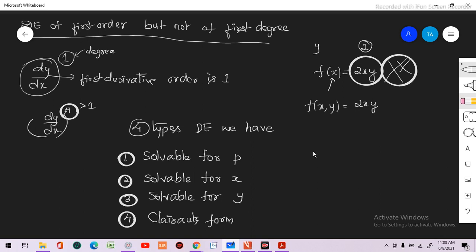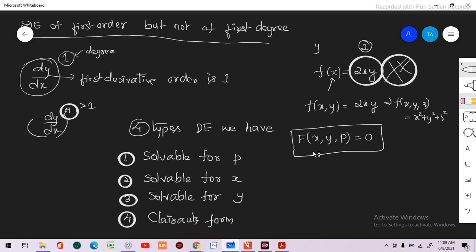Now when we come to differential equation of first order but not the first degree, we will be dealing with three variables: x, y, and p, with f of x, y, p equal to 0. This is the general equation. How many variables do we have? Three: x, y and p. Here also we can write f of x, y, z as x square plus y square plus z square, so three variables.